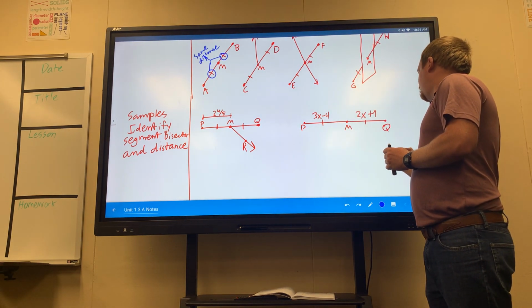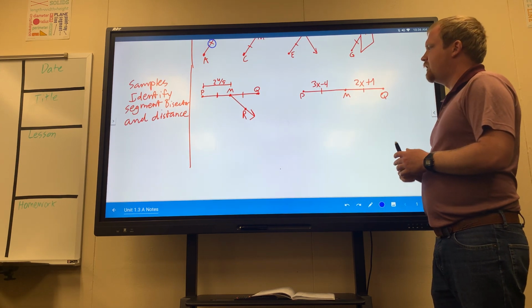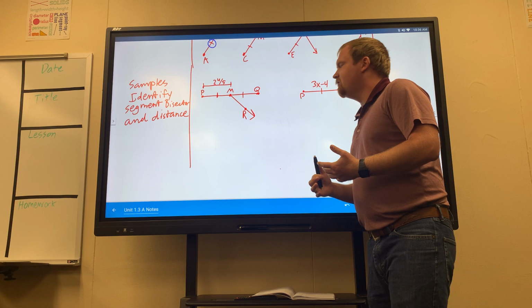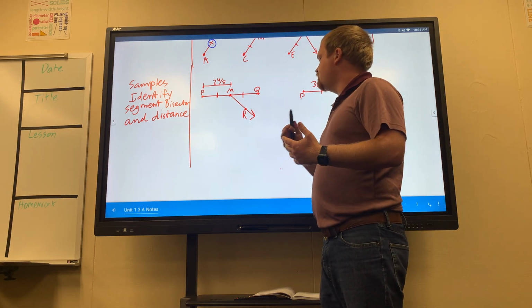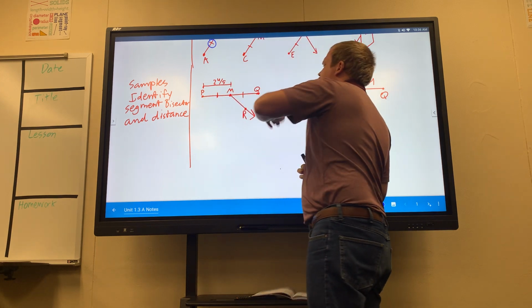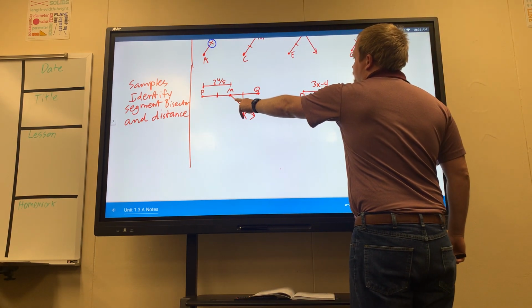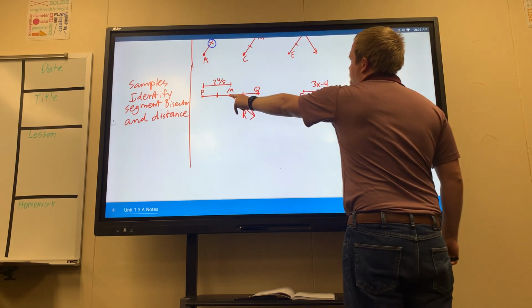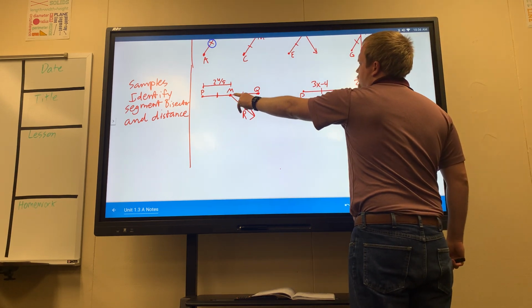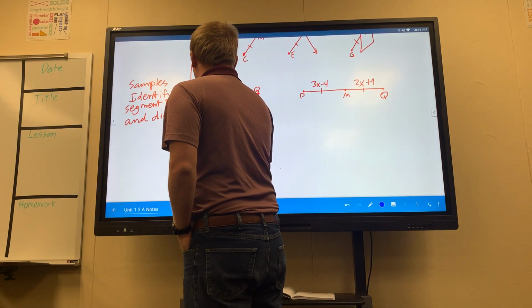Now, as far as finding distance using the midpoint, we should be able to find it pretty easily. So for example, I've got a segment PQ, and I've got midpoint M with a segment bisector ray MR. Now, I want to find PQ.